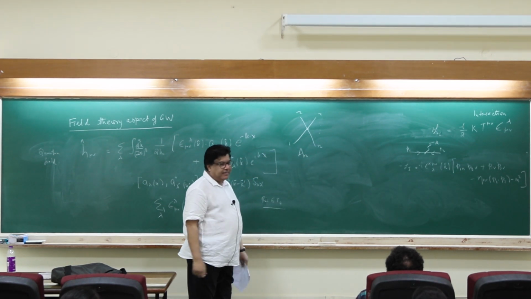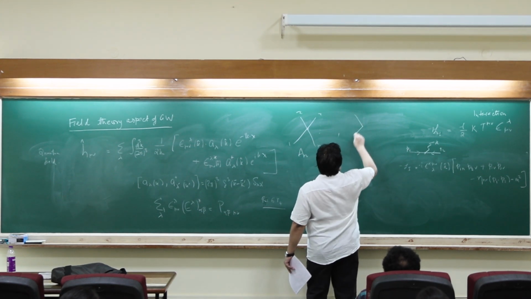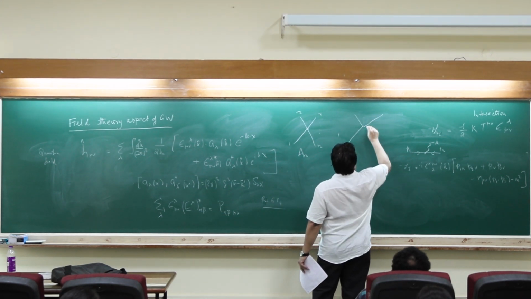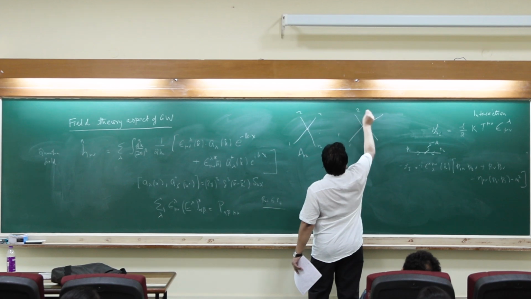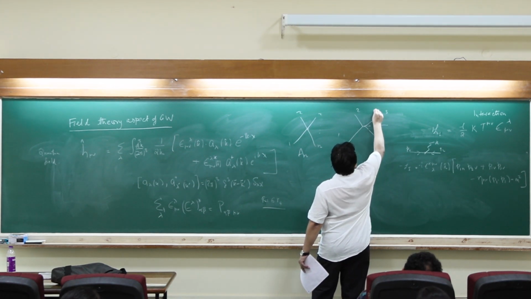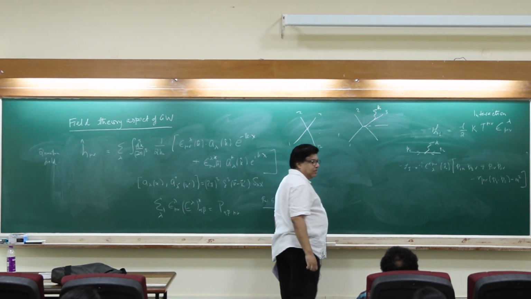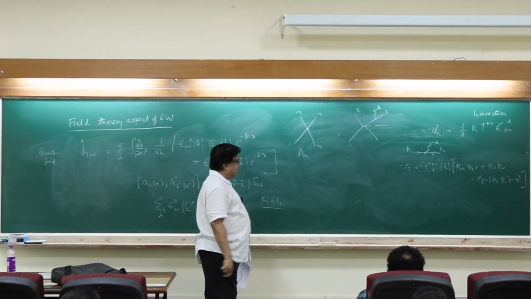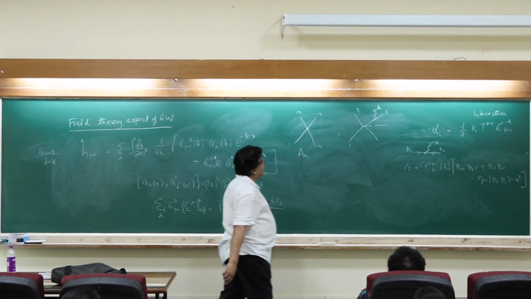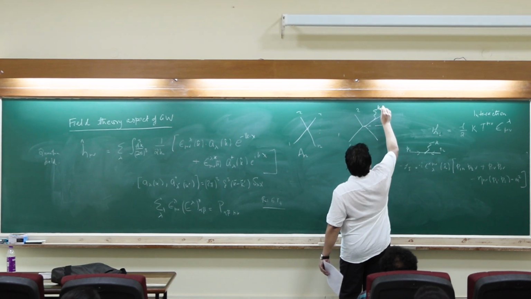Then calculate a different process where you have a graviton emission from each of these one by one. Consider one at a time. Let me call it PA, and K.